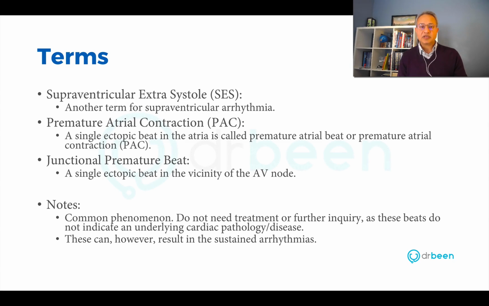And if the extrasystole is appearing because of a depolarization in the vicinity of the AV node, then it is junctional. And why do we say it is junctional? Because the AV node sits at the junction of atria and ventricle. So we have to understand these two. And finally, we'll see blocked junctional rhythm as well. So these are the three things that you would take away today.